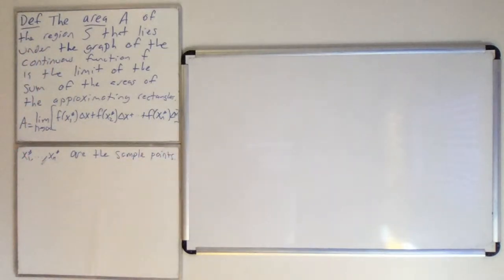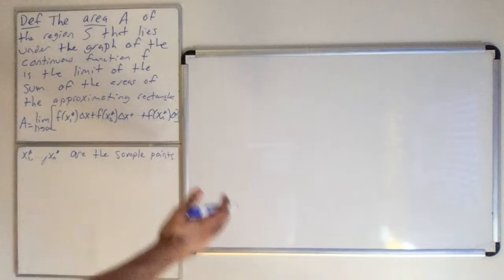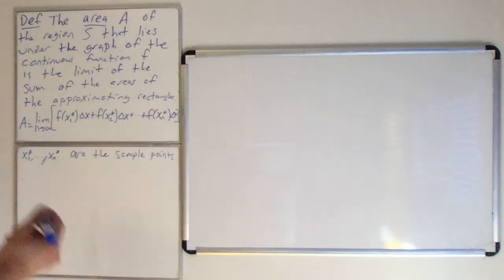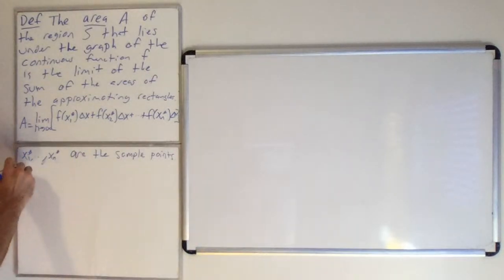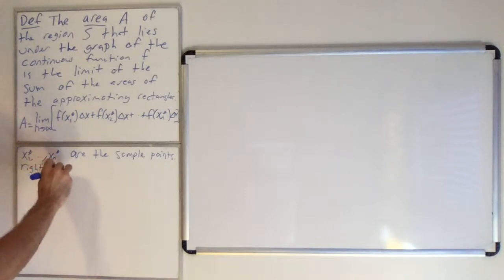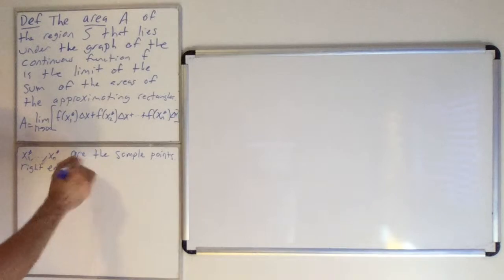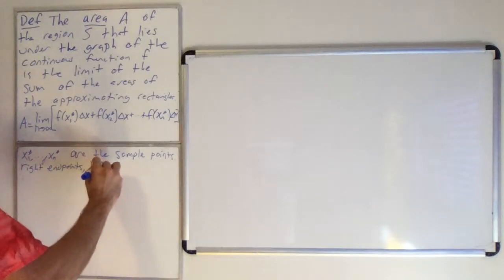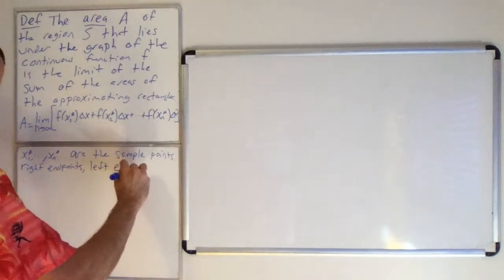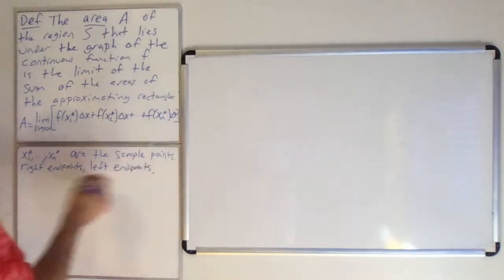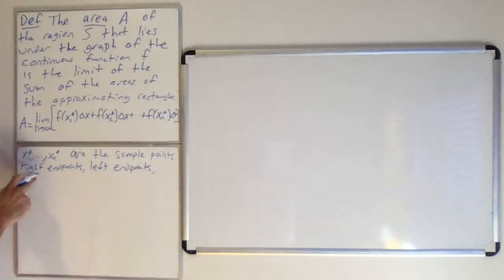are the sample points. Remember last class we had right endpoints versus left endpoints? So for example, we had right endpoints of our subintervals.